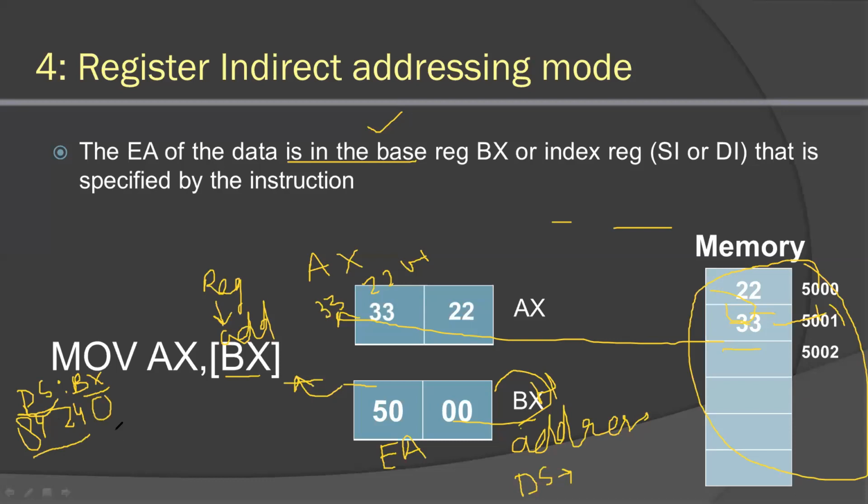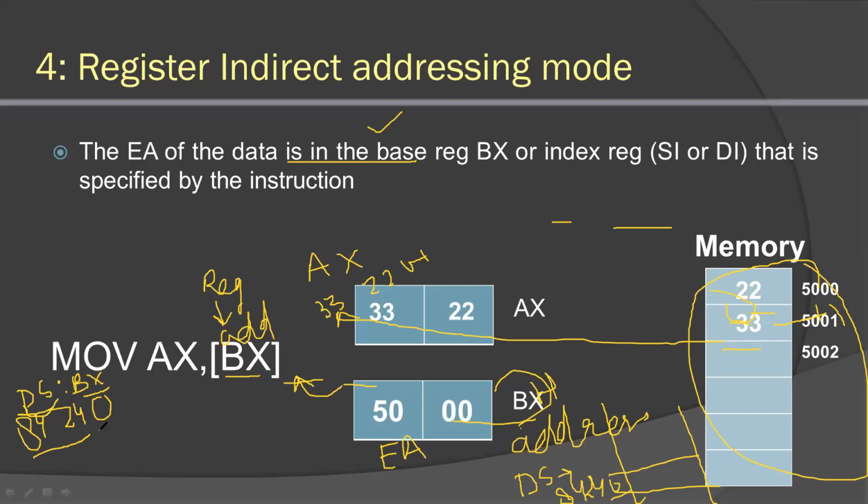Always 1 0 in case of segment value is added at the least significant bit, because we have considered that starting address of this memory, of this segment, of this data segment will be 84240. By default we consider the starting address of any segment with having least 4 bit as 0.